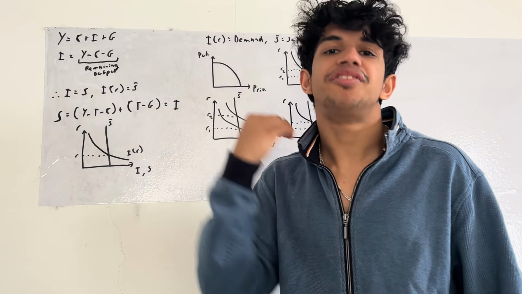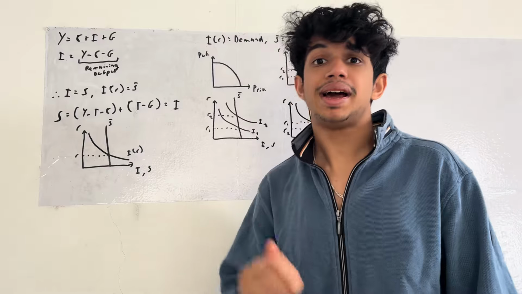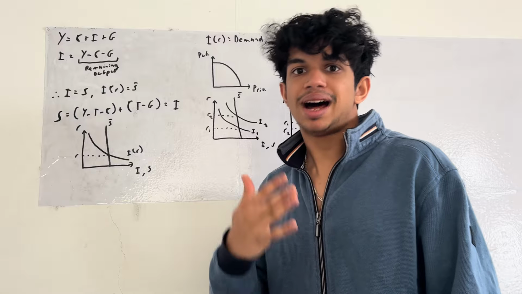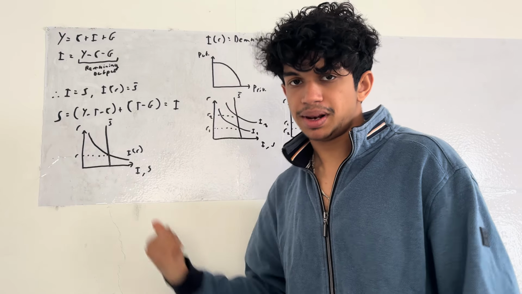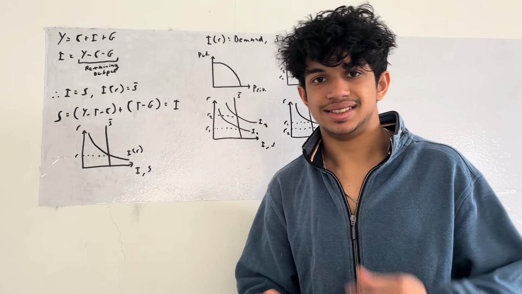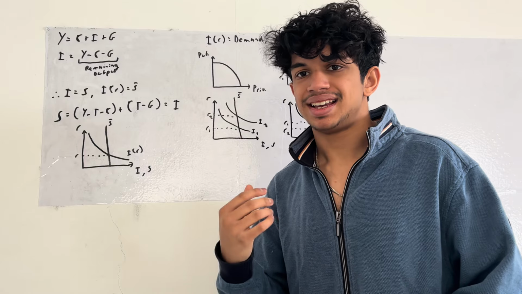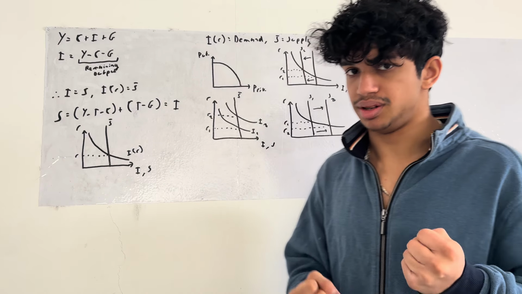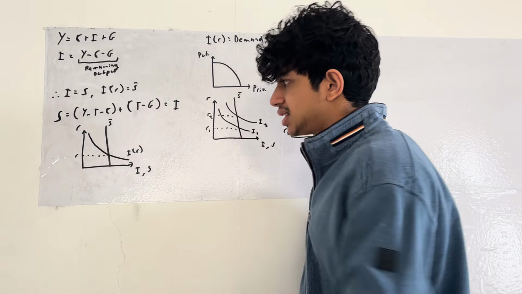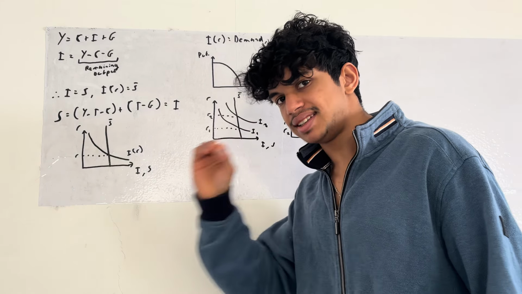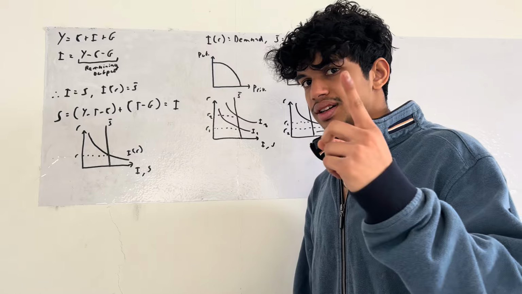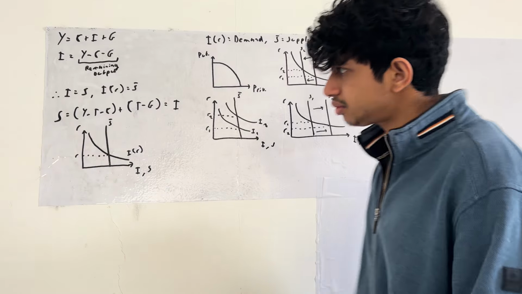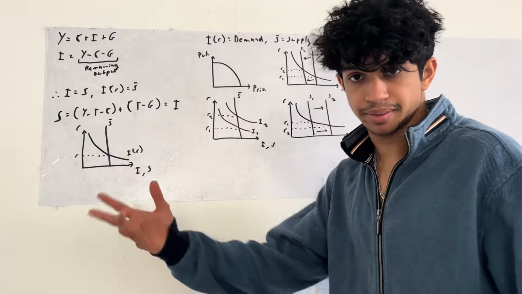Supply for loanable funds, while investment is the demand for loanable funds, because it's from firms and people, how willing they are to borrow, while savings is the supply because it's how willing banks and lenders are to lend to you. But since we know that savings is fixed, the intersection of investment and savings is going to determine the rate of interest, since S is equal to I, equilibrium.